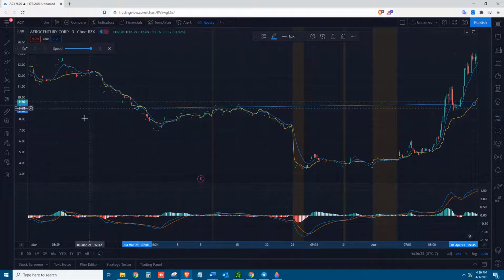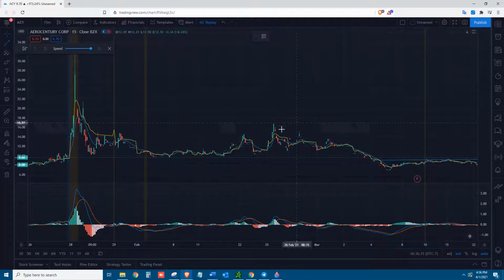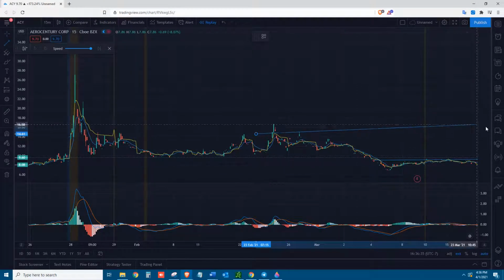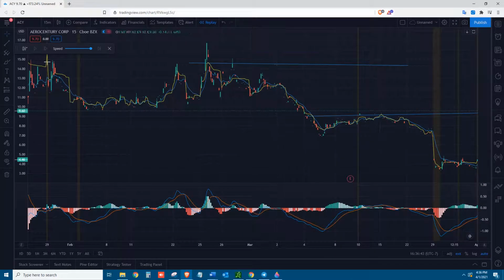That's a previous resistance level. Can you see? If you can't find it here, then what do you do? Zoom out some more. Another level. Still can't find it? Zoom out some more.